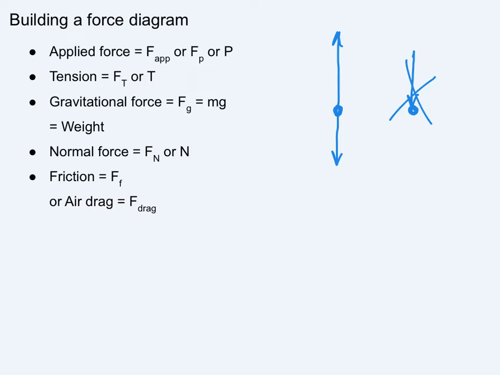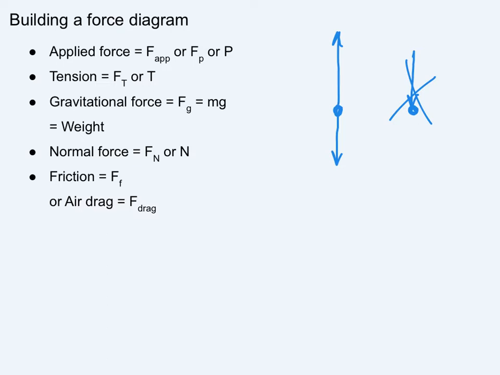So applied forces, those are forces where it's something from the outside, maybe somebody pushing or an engine pushing on something. That's what an applied force is. It's actually sort of any force that doesn't fit all the rest of the categories. Tension is usually reserved for a situation where there's a rope or a chain, something that is pulling on something that is kind of slack unless you are pulling, so it needs that tightness to it.